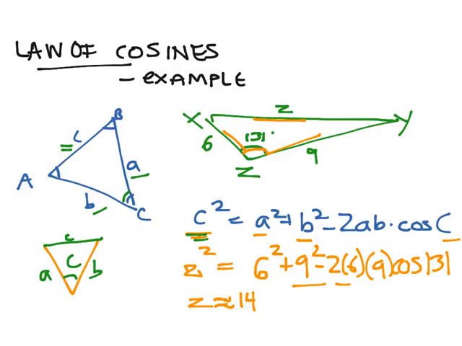An interesting thing to notice here is that cosine of 131 is going to be negative. It'll be a little less than negative half. So, when we plug cosine 131 into the formula, we will have minus minus. So, this will turn into a positive quantity. This is because the cosine of an obtuse angle, that is, an angle greater than 90 degrees, is negative.